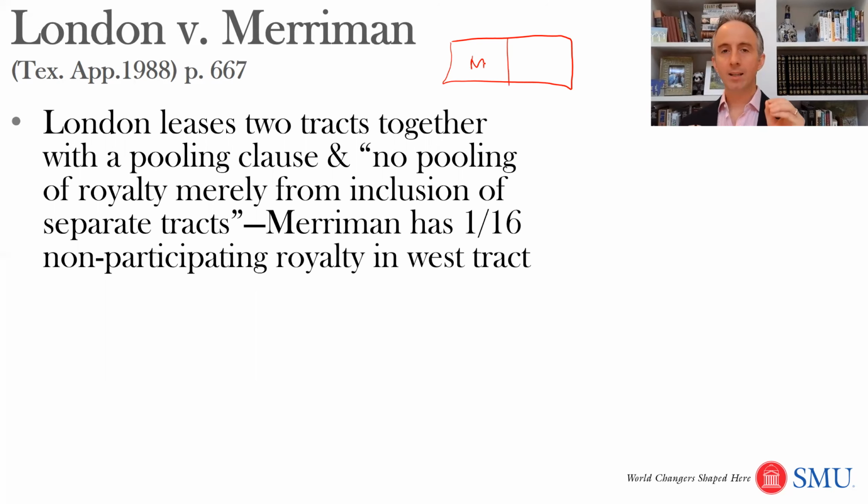But London has to exclude Merriman from that, because when Merriman took that 1/16 non-participating royalty interest, he didn't say, hey, go ahead and pool me into that neighboring land if you want to.